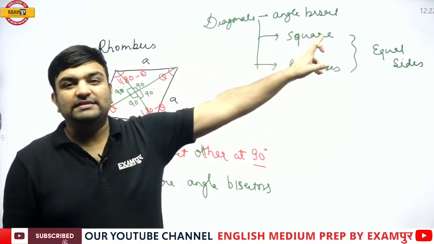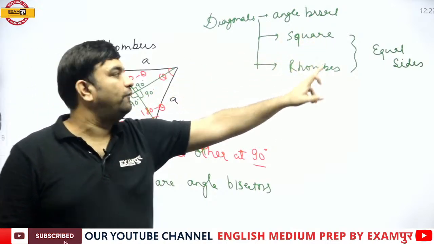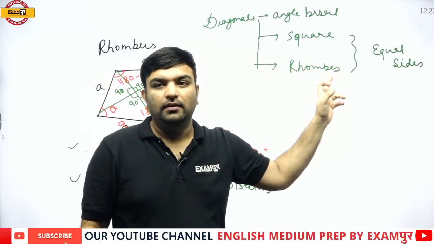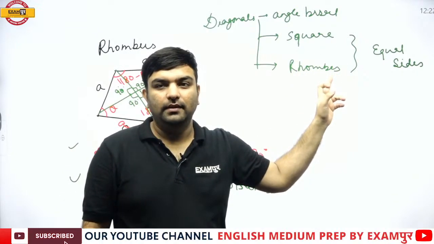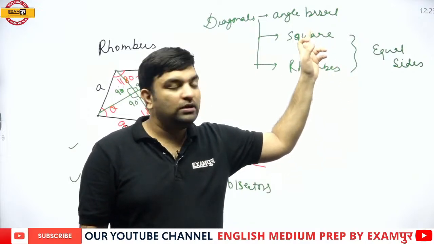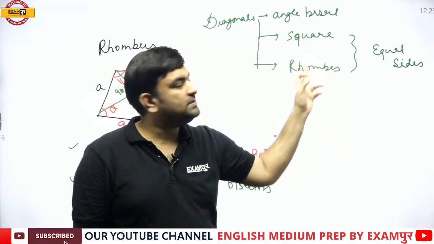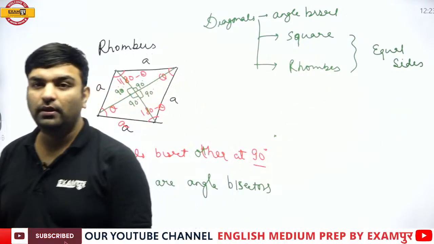This is getting proved from the fact that in these two figures, rhombus and square, the sides are equal.